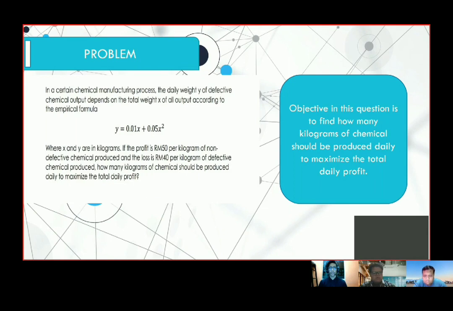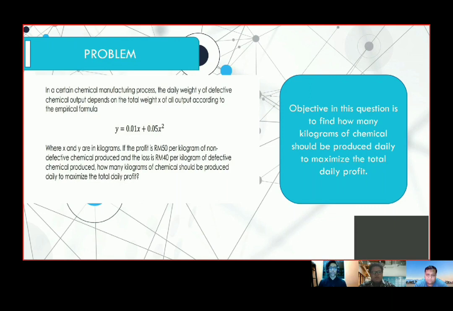Problem: in a certain chemical manufacturing process, the daily weight Y of defective chemical output depends on the total weight X of all output according to the empirical formula, where X and Y are in kilograms.